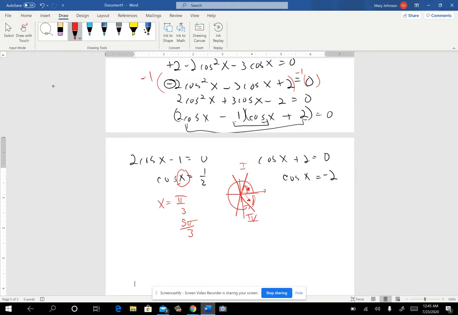And that's a never. Cosine x fluctuates between 1 and -1. So you don't have any angle that reaches the -2. So you don't get anything from that piece. Okay, it's not possible. And so you only get the 2 answers. You get pi over 3 and 5 pi over 3.